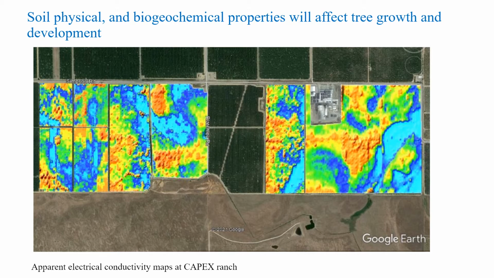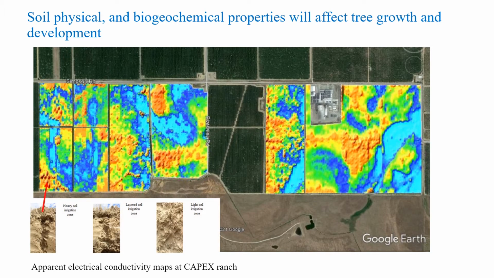This is a farm here in the Central Valley that has soils that are very heterogeneous. And what you're looking at on this slide is apparent electrical conductivity that was measured by an EM38 instrument.